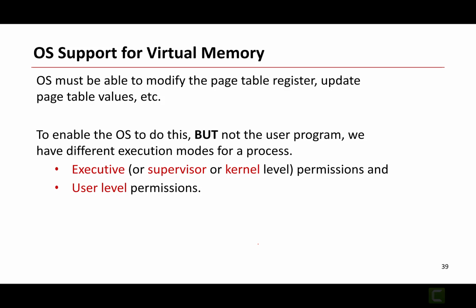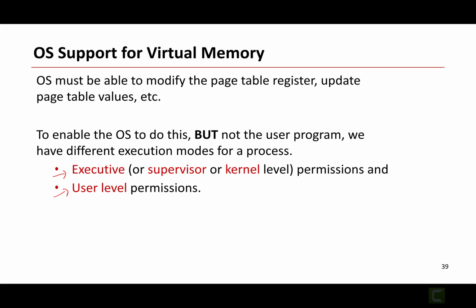And so in order to make sure that our processes, the programs that you and I write, don't modify the page table, the operating system has different levels of privilege modes. So it has a kernel level or a supervisor level or an executive level permission mode. If you're running a particular program under this level of permission, that means a load or a store can access the page table.